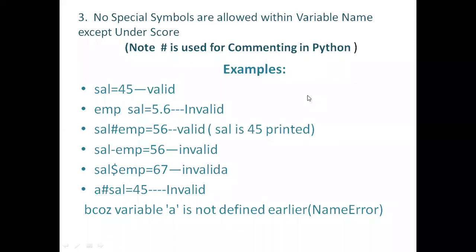The value is printed because I've told you earlier, let me explain again. Hash is not a comment in Python. Already we have mentioned that sal is equal to 45, so that is the only reason we got that answer.